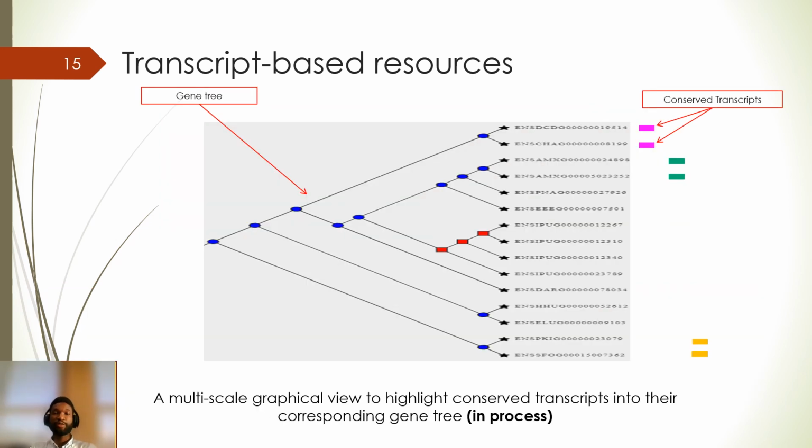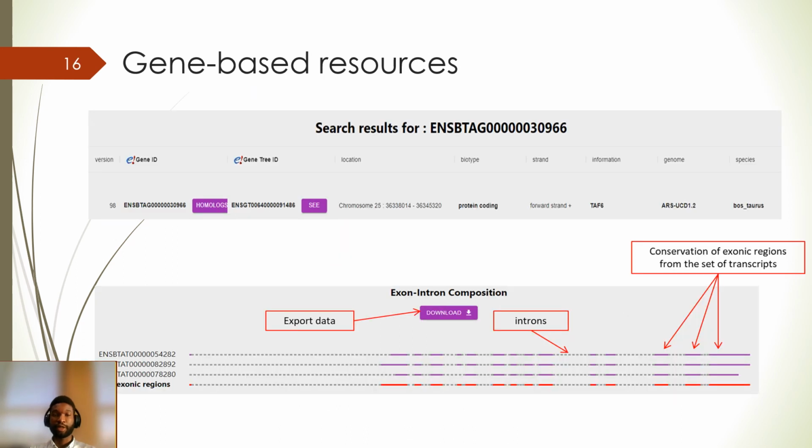In addition to providing an interactive view of the gene tree, TranscriptDB provides a multi-scale graphical view to highlight conserved transcripts in the corresponding gene tree. Then we can get gene-based resources in TranscriptDB.